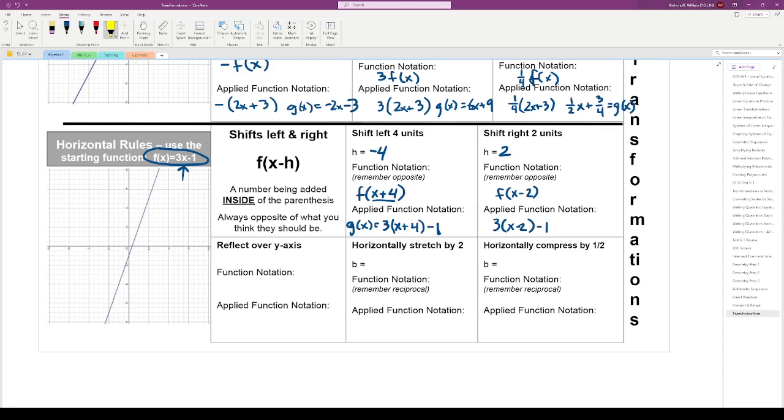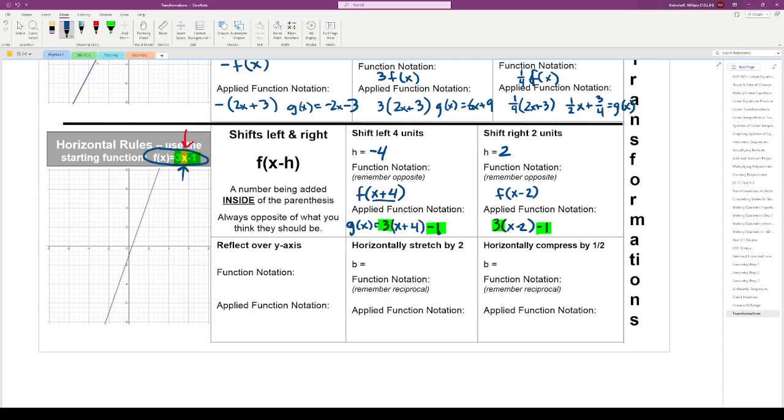So just again to be really clear, we're just replacing this x here with whatever happened to x. The rest of it all stays the same. So this 3 and this minus 1 don't change at all. So we still have our times 3 and our minus 1. They don't change when we change a horizontal thing.